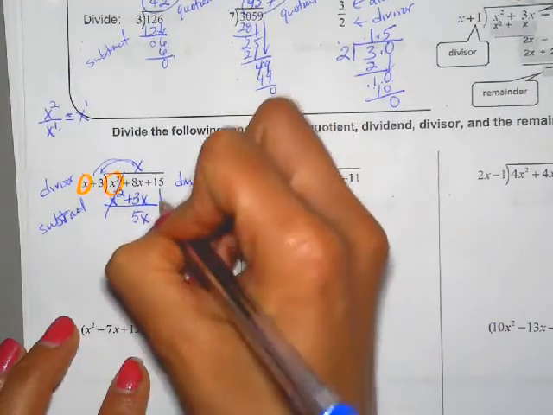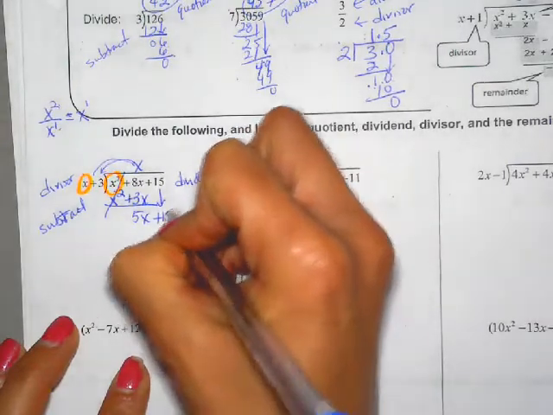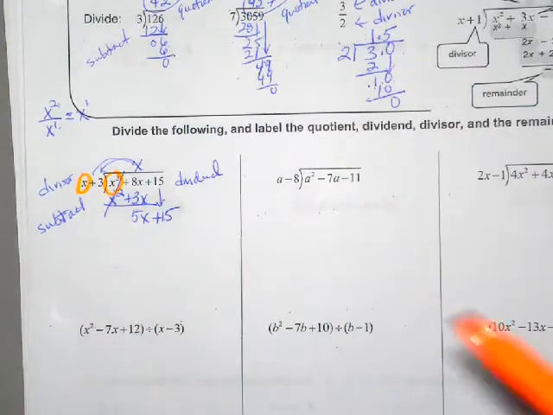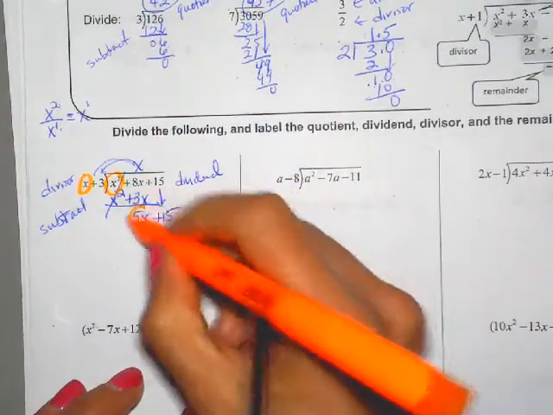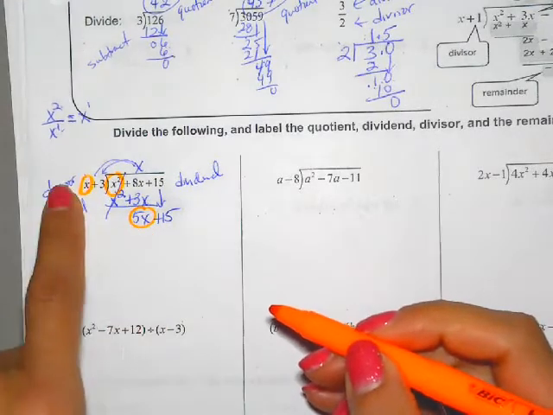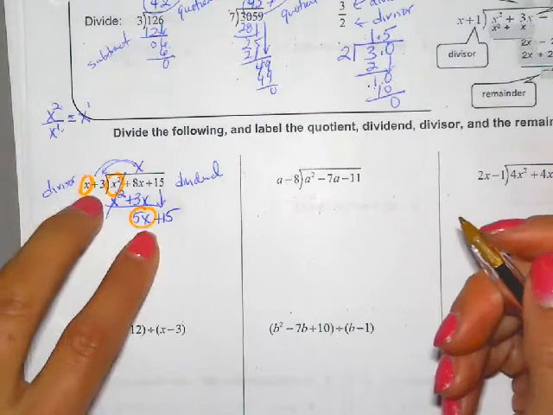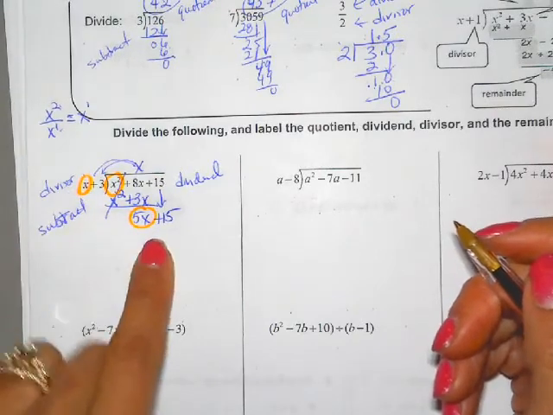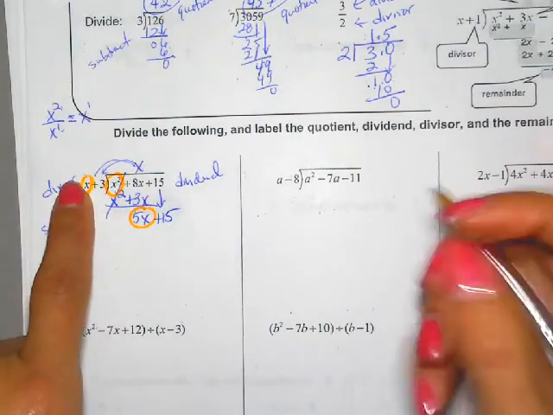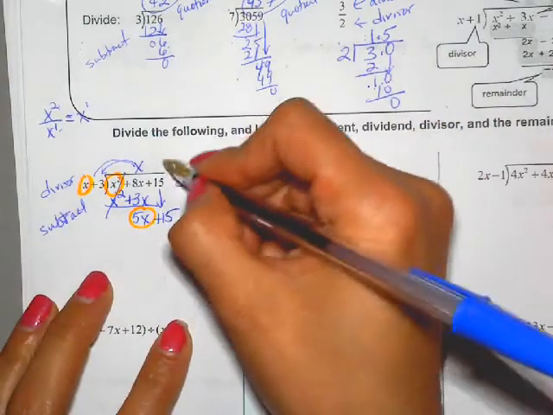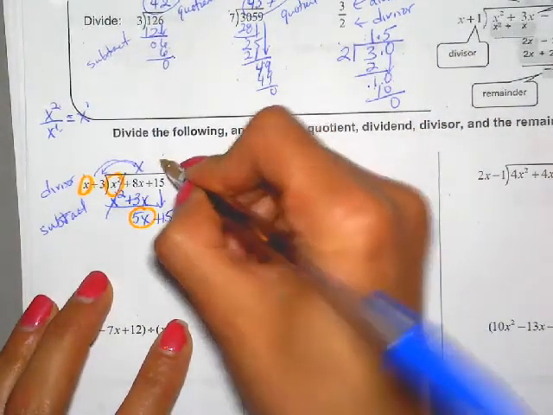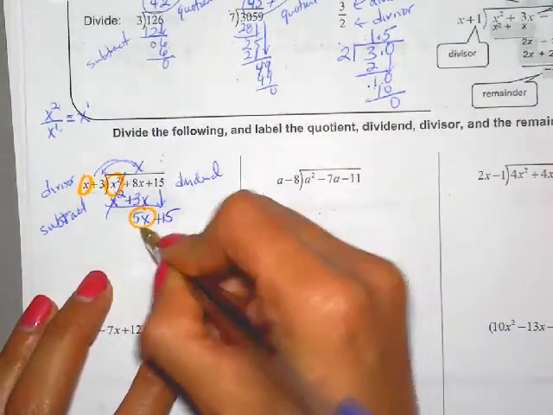Bring down the 15, plus 15, and then we start over again. First term, 5x. First term, x. So you can think of it as division, 5x divided by x. Or if you want to think of it as multiplication, what do I have to put up here that when I multiply it by x, I get 5x?